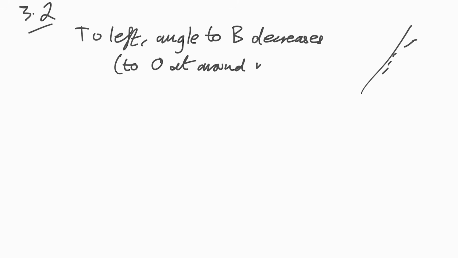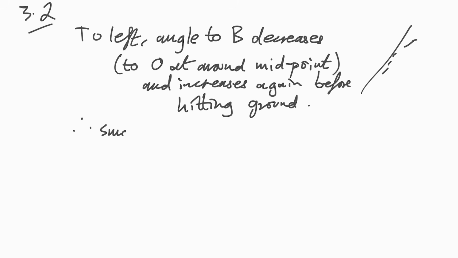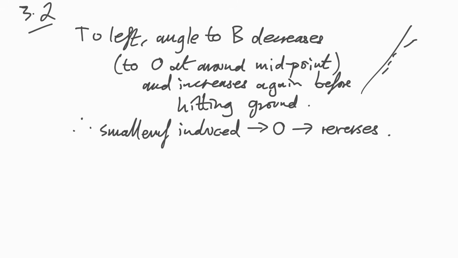So 0 around midpoint. Therefore, and then decreases again, and then increases again before hitting ground. Therefore, small EMF induced, then it goes to 0, then reverses. So the opposite EMF is induced.